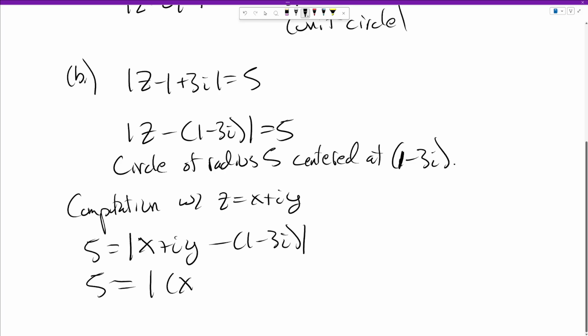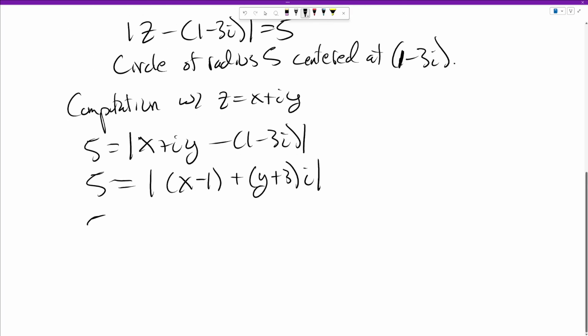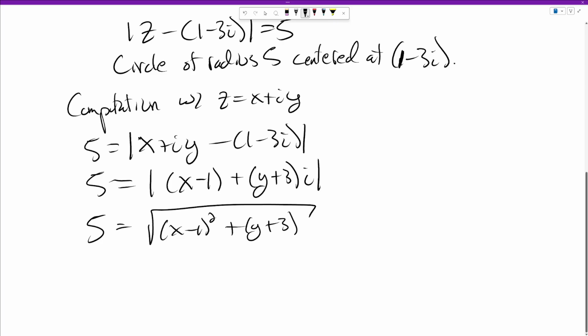So we'll multiply our negative back in, and I'm going to write this as y plus 3. We can factor out the i from the y and the negative 3, which is positive 3. And then if we write out the definition of modulus, we're looking at the square root of x minus 1 squared plus y plus 3 squared.